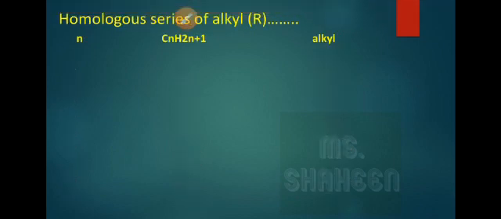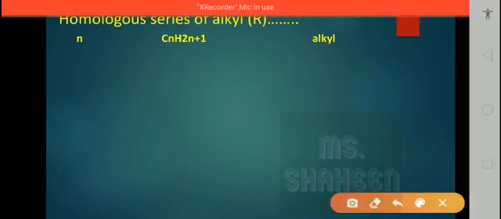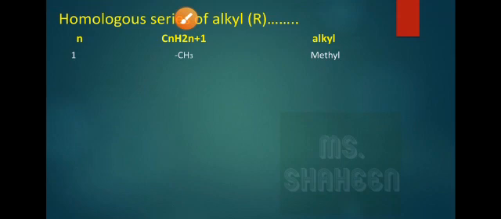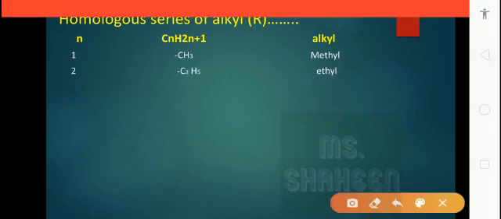Now the homologous series of alkyl, which is also represented by capital R. As I told you in the last slide, the formula of alkyl is CnH2n+1. The first member of alkyl is methyl, with the formula CH3.